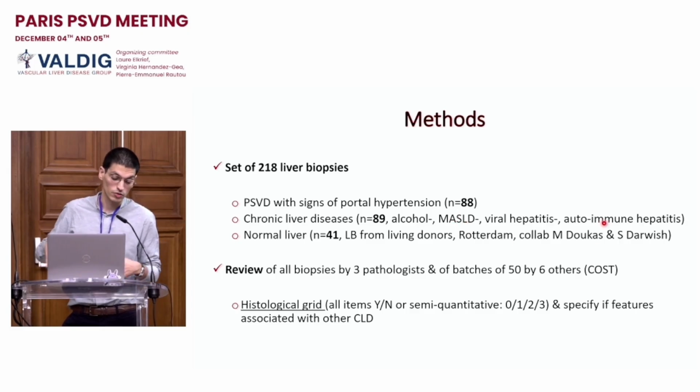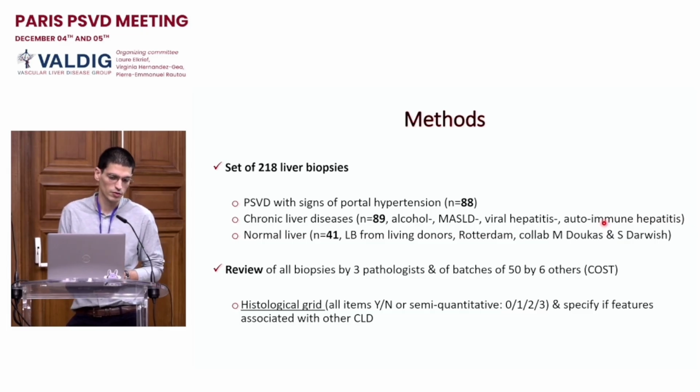And on the other end, the weakness of the first part is that we don't have real normal liver, because people with normal liver don't have liver biopsies. So for this step, thanks to Michael Dukas and Sarah Dorish from Rotterdam, we have 41 patients with liver biopsy from a living donor.